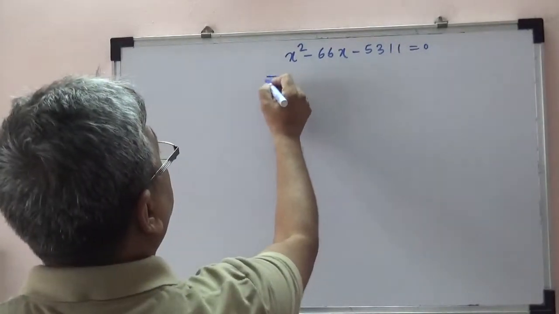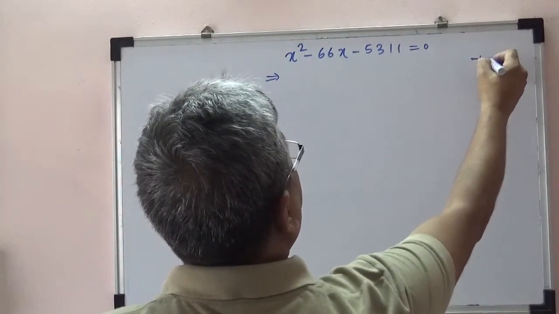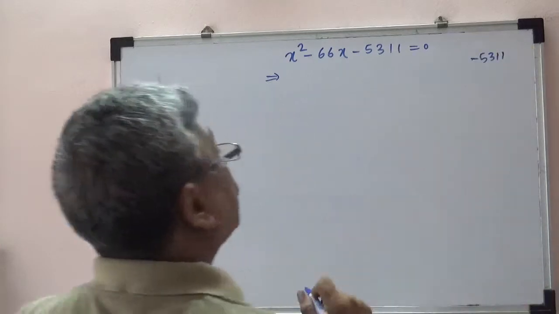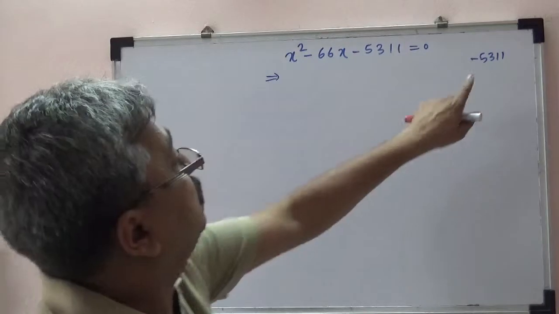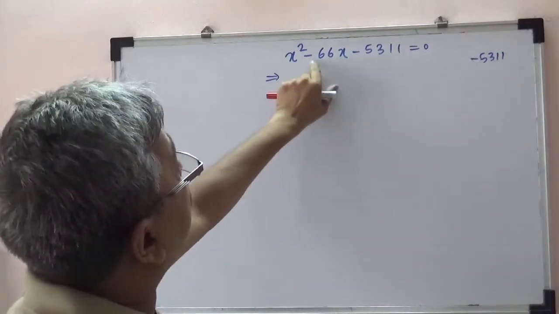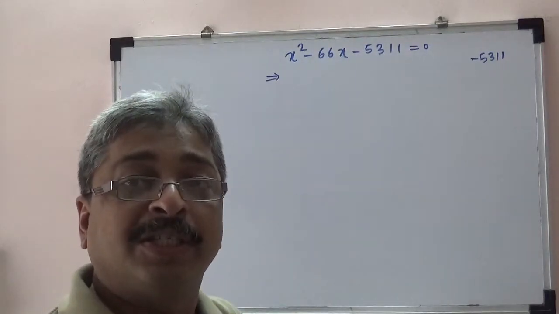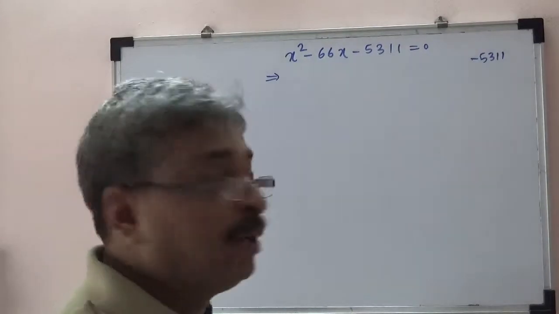So now if I want to factorize this, what I need to do is minus 5311 should be the product of two numbers. Of course those two numbers, because of this minus sign, one will be positive, another will be negative, and the bigger number is negative because 66 is negative. The difference of those two numbers should be 66.